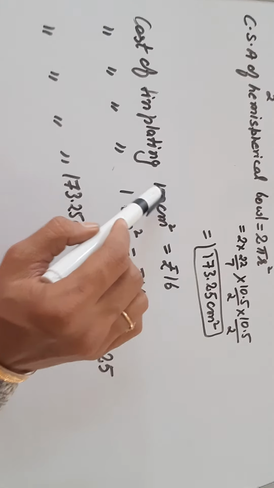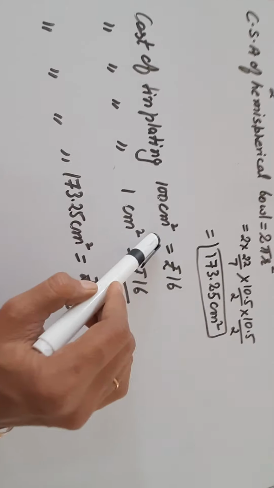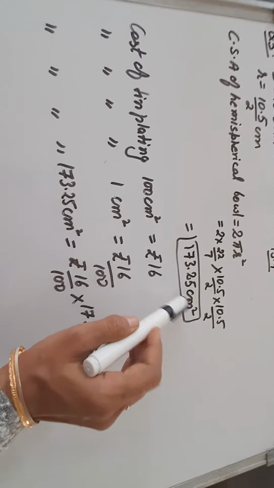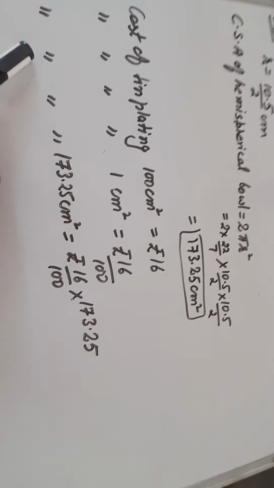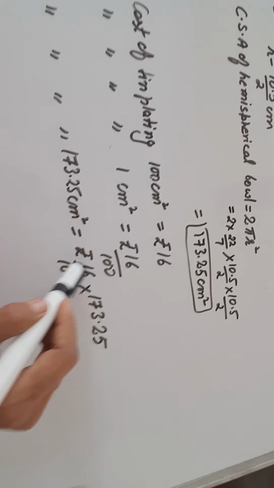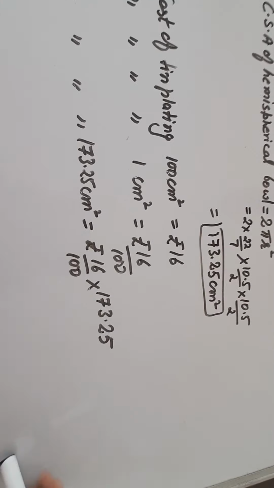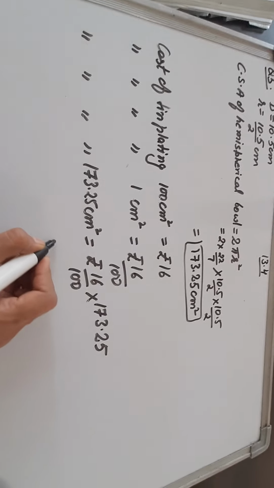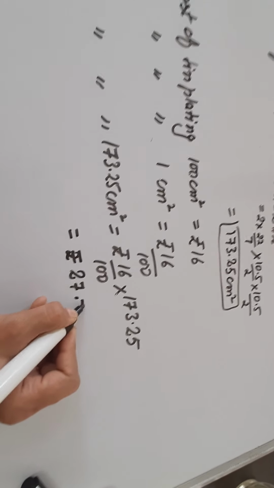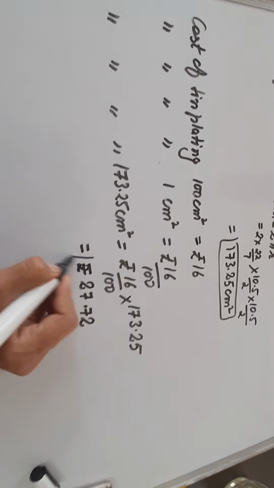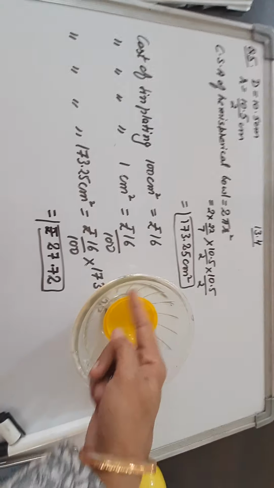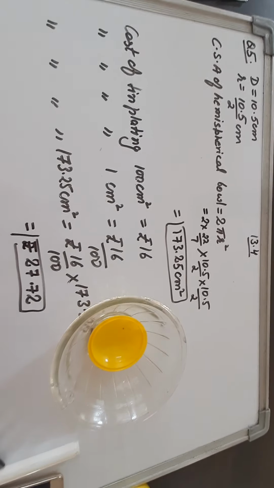Therefore the cost of tin plating 1 centimeter square will be rupees 16 by 100. But we need to find out the cost of tin plating this surface area. So cost of tin plating 173.25 centimeter square is equal to rupees 16 by 100 multiplied by this. And by solving it, dear students, the cost of tin plating will be 27 rupees and 72 paisa. So this is the cost of tin plating this inner surface area of the bowl.